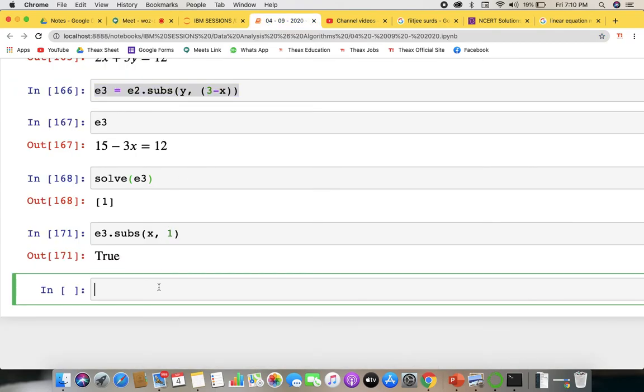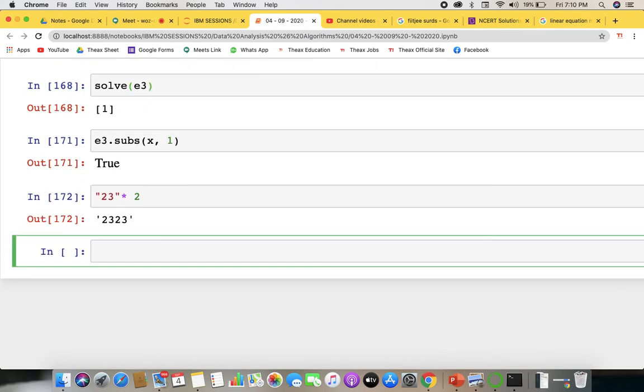Next equations. Now see guys, in Python you have learned that if you write any number inside a string and multiply it with something, you get string replication, not the exact values.